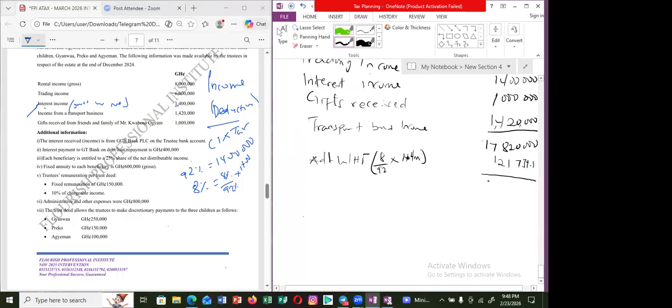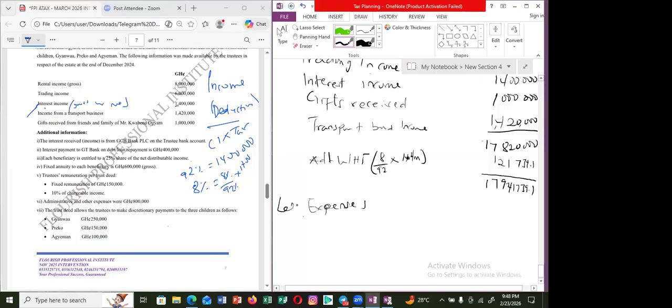Please let's add it so that we know the income we have. 17,941,739.1. Right. Then can we less our expenses, the deductions that are allowed.